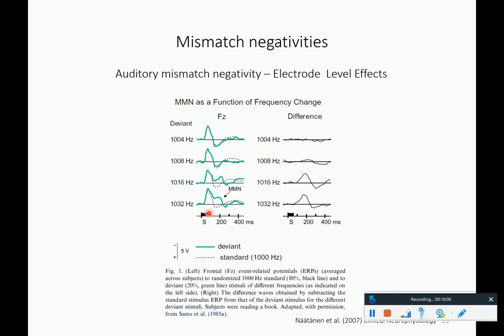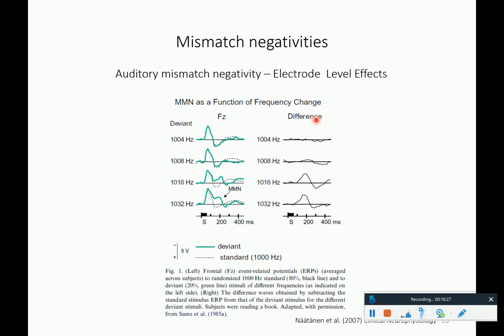This is, of course, Näätänen, who's an old person, and hence plots negativity upwards, because he's old. And this negativity here looks like a positivity because it's plotted inverted.